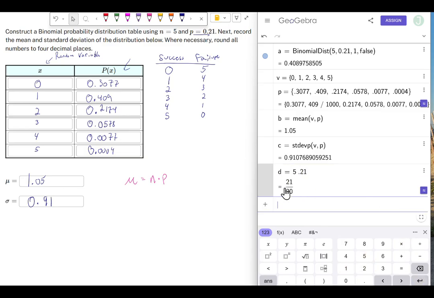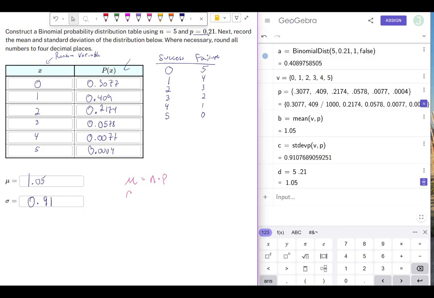Now in GeoGebra, it's always going to give you a fraction. If you click the blue equals sign over here, or approximation sign, it will show you what the decimal approximation would be. And the standard deviation formula is the square root of n times p times q, where q is equal to 1 minus p, or the complement.